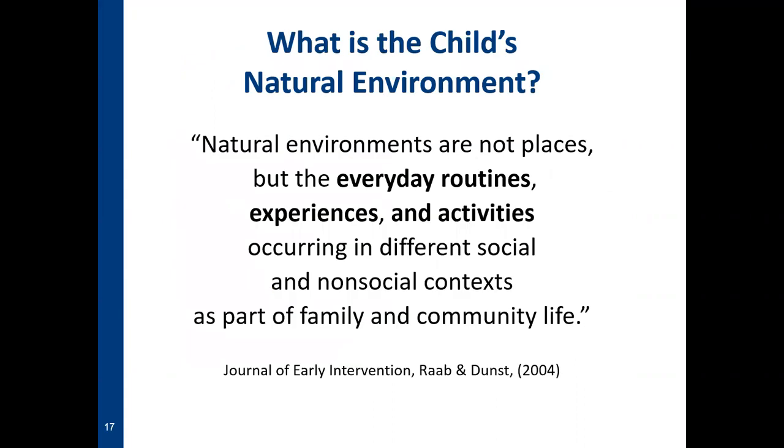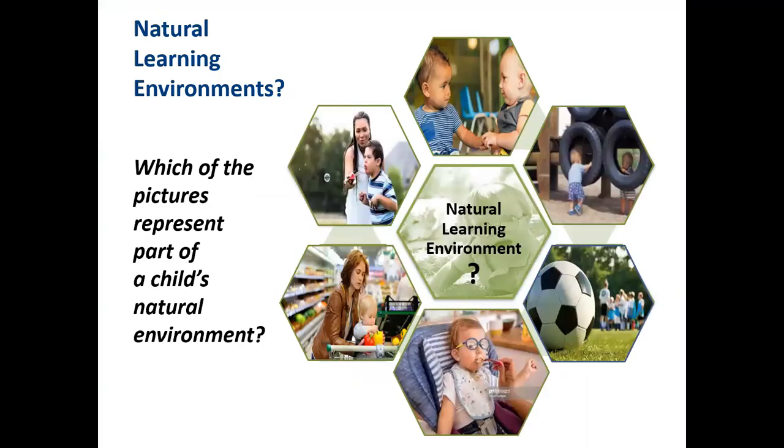In this definition of a child's natural environment from Robb and Dunst in the Journal of Early Intervention, natural environments are the everyday routines, experiences, and activities that occur in different social and non-social contexts as a part of family and community life. Considering the definition just shared, which of these pictures would you say represent part of a child's natural environment?